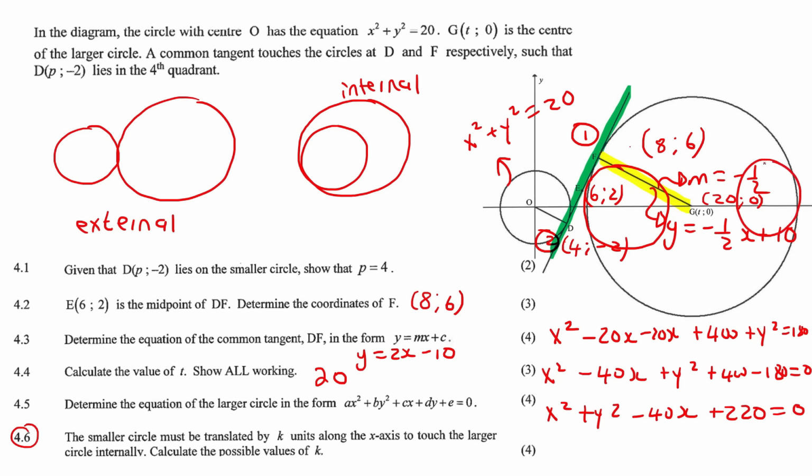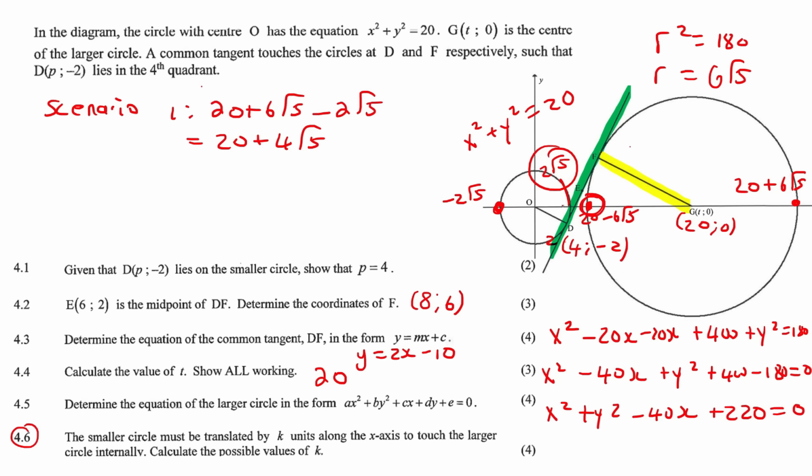The other scenario is that I end up getting this point over here. To work out that translation, I would just say this value minus this value. So scenario 2: 20 minus 6 square root 5, minus this x value, which is also minus.